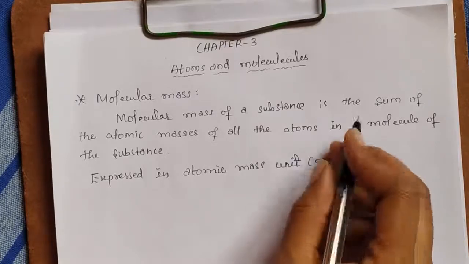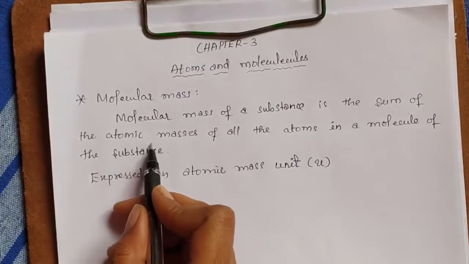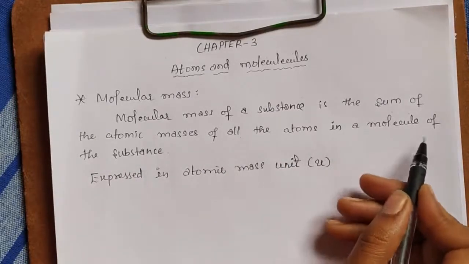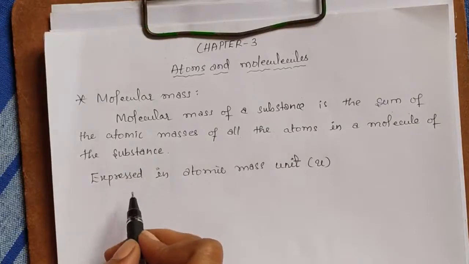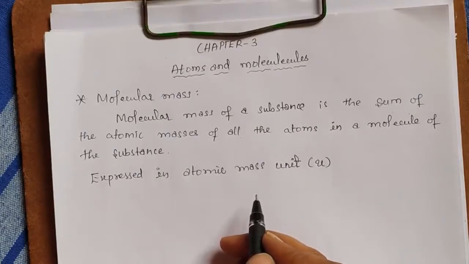Okay, molecular mass of a substance is the sum of the atomic masses of all the atoms in a molecule of the substance, and it is expressed in atomic mass unit. Now we will see how to calculate the molecular mass with examples.